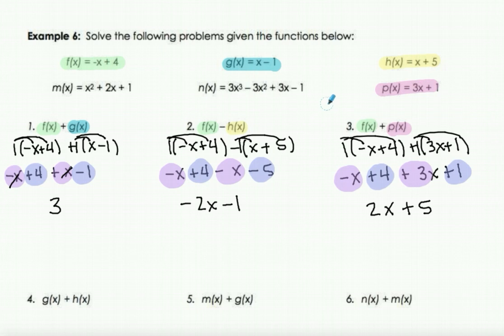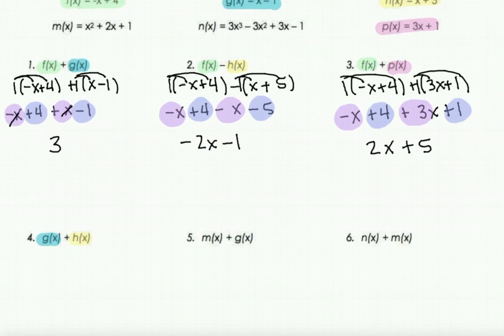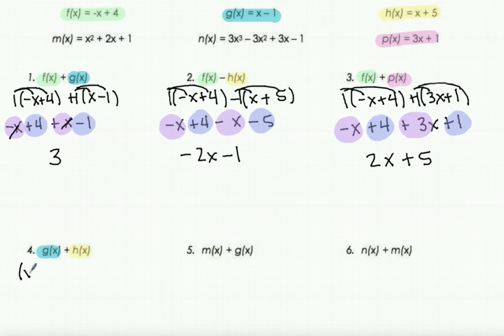In number 4, I've got g of x plus h of x. So my g of x is x minus 1, and my h of x is x plus 5. Put my ones out front and distribute. 1 times x is 1x. 1 times negative 1 is negative 1. 1 times x is 1x.